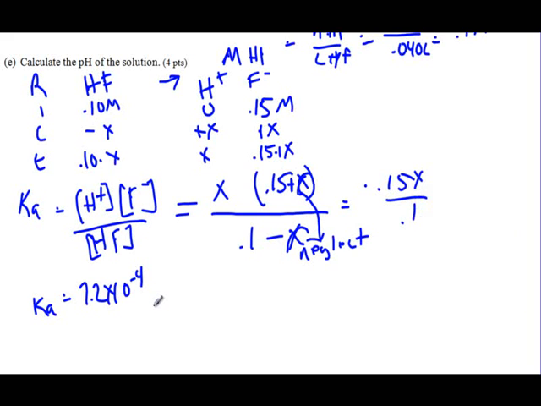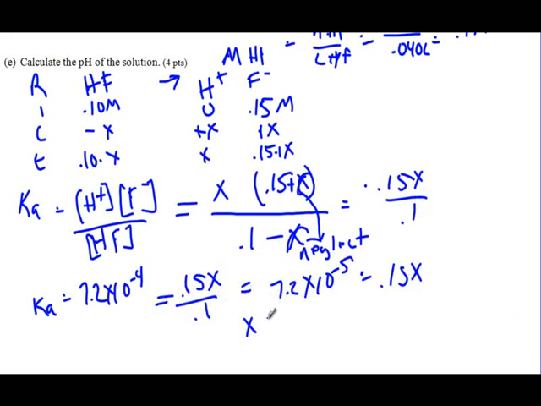So 7.2 times 10 to the minus 4 equals 0.15x over 0.1. This becomes 7.2 times 10 to the minus 5 equals 0.15x. So my x, which is my H+ concentration, is 7.2 times 10 to the minus 5 divided by 0.15, which is 4.8 times 10 to the minus 4.